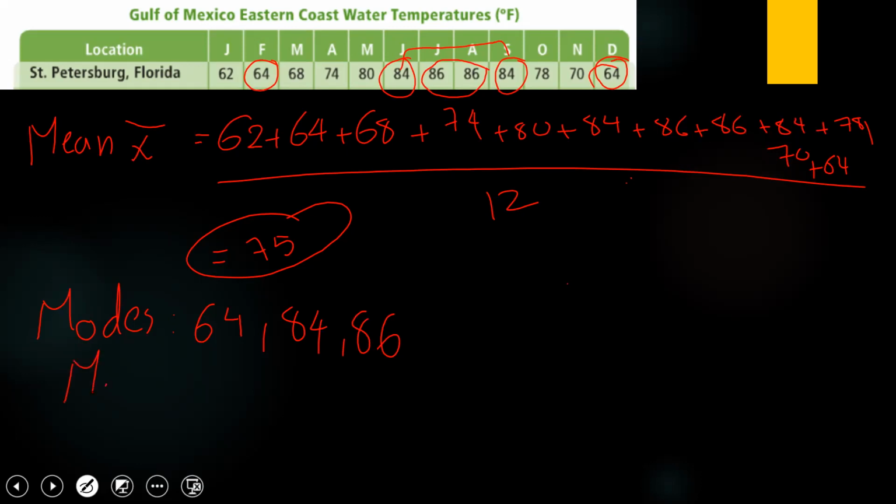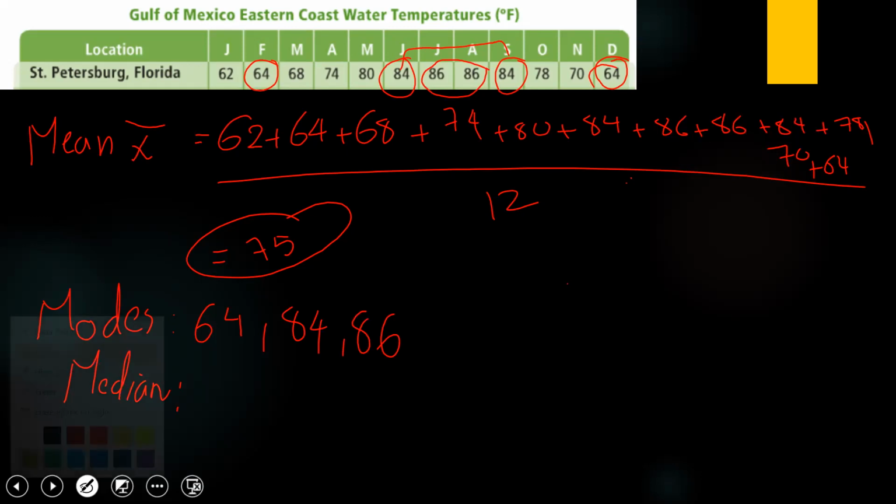Let's find out the median. The median is in the middle, so I want to find the number that comes in the middle of the data values. What do we have to do first before finding the median? You have to order them. Order them, bravo. Let's order them now. What is the least?